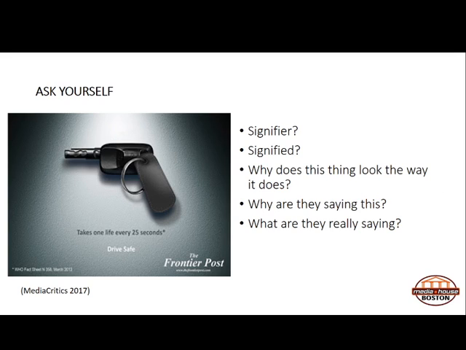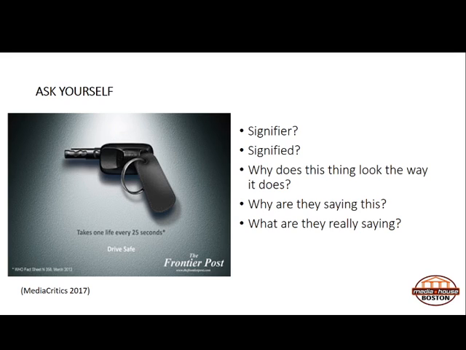And of course, you can use de Saussure's theory, as we have done here, to deconstruct this visual text, or you can use Charles Sanders Peirce's theory to deconstruct the visual text.